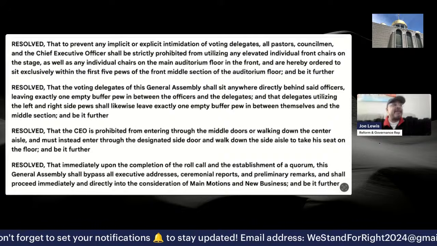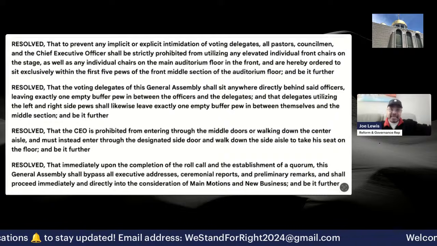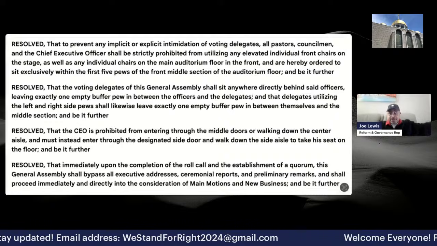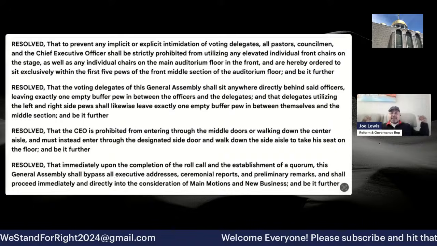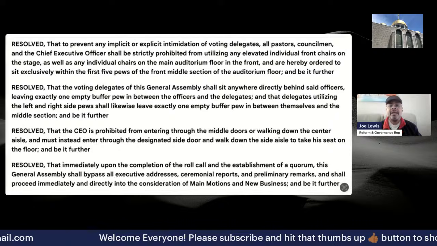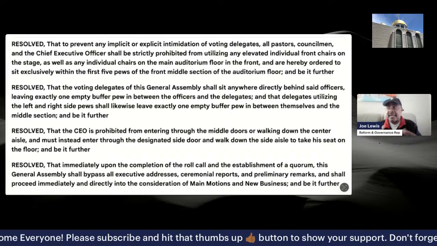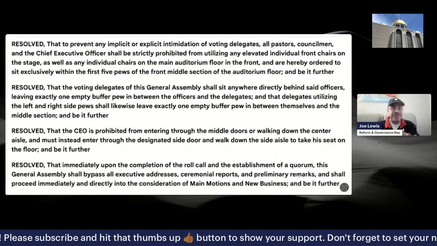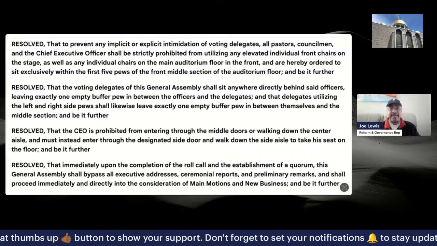And if need be, they still have the first 5 pews on the left and the right side, with one empty pew in between, where all of the other members of the assembly would sit. And that resolves any claims or accusations of intimidation practices, right?